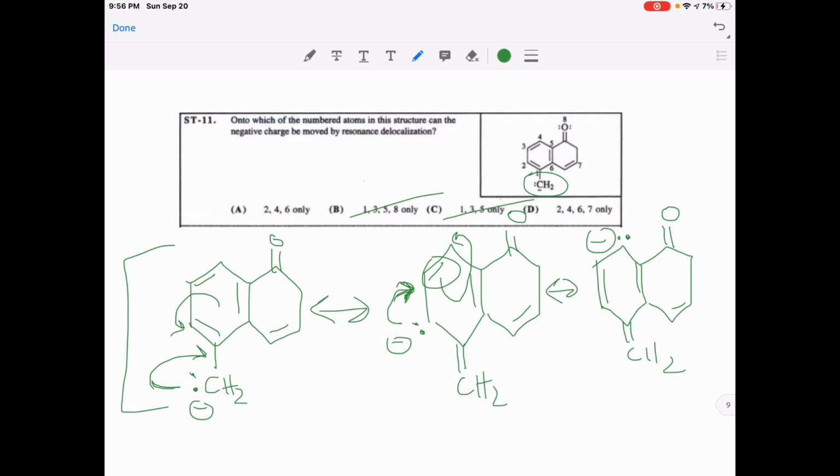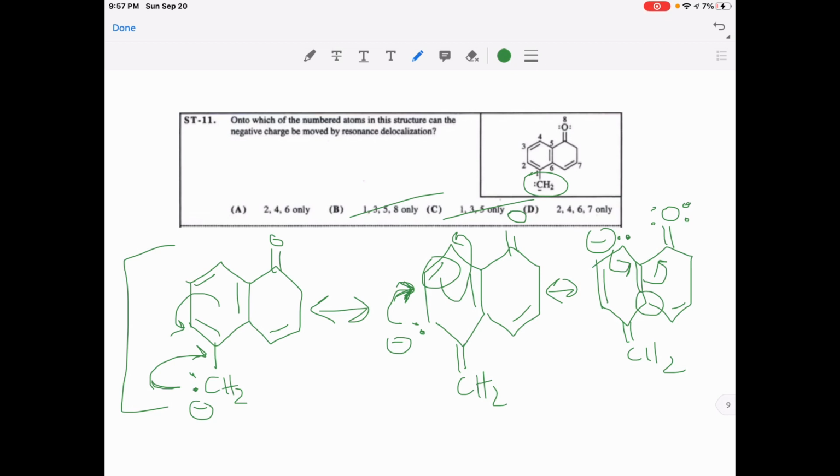So let's try. When we move this extra pair of electrons down, it's very tempting to think that you can go ahead and move this pair of electrons up here. But what you have to realize is that that will remove the connectivity of the molecule. If we move this double bond up here, there will be no fourth bond at that point.